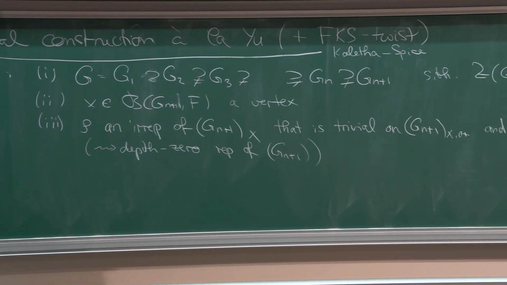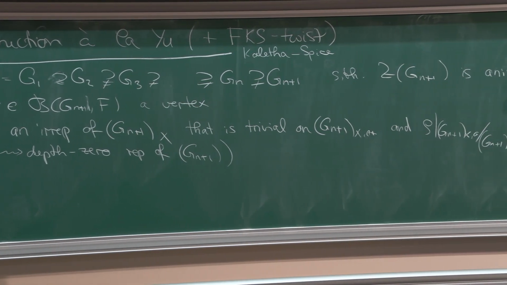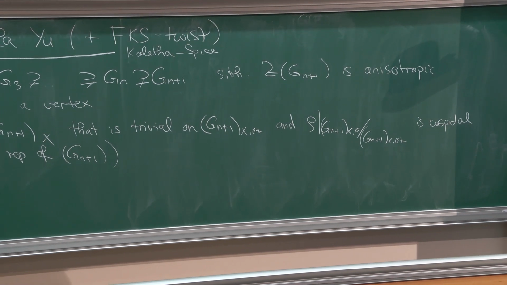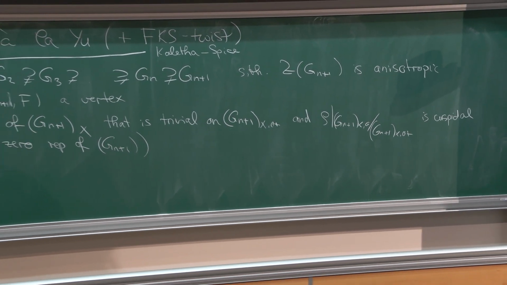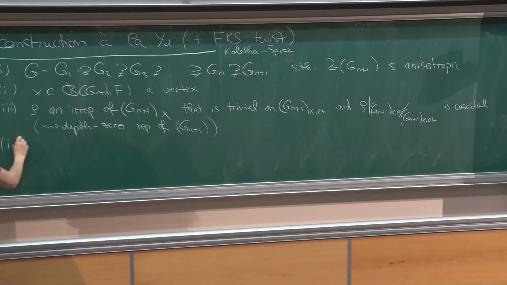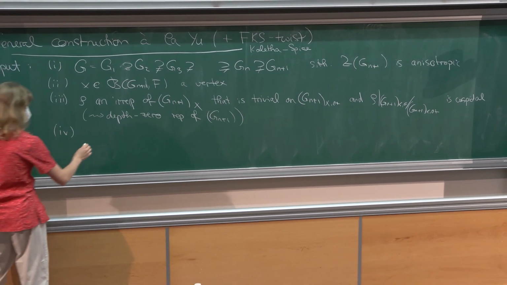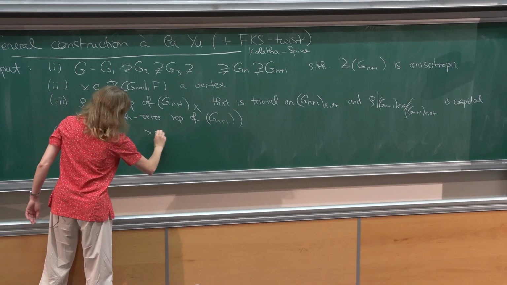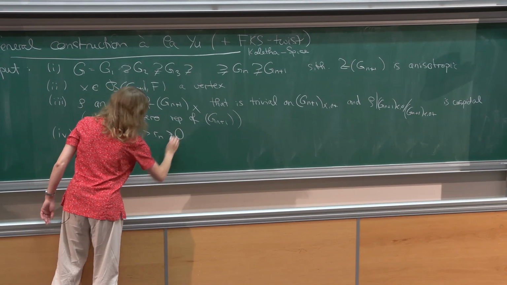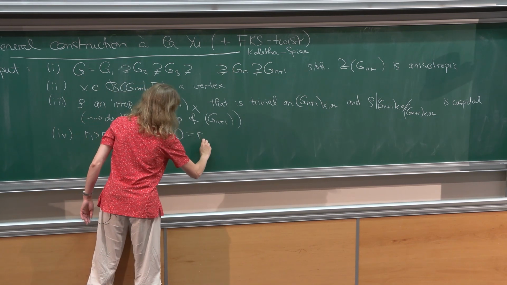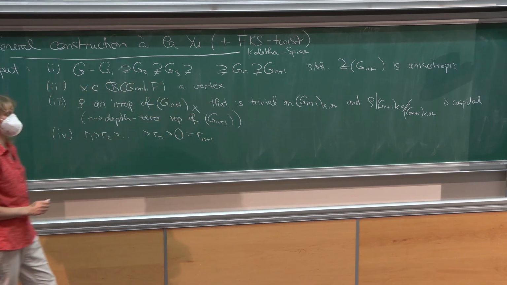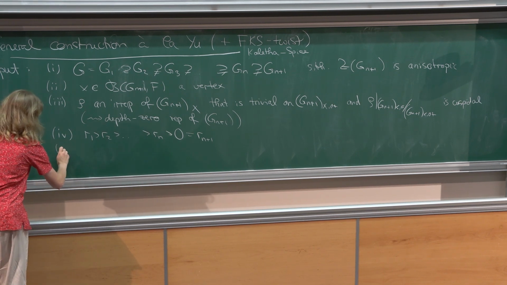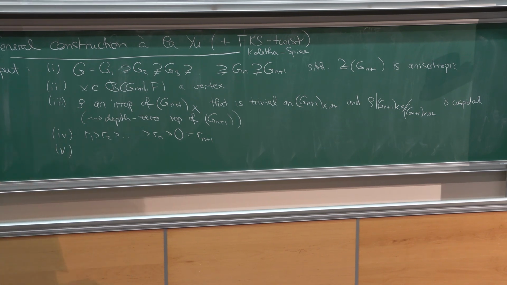So I said general representations are made out of two things, a depth 0 piece and characters of higher depths. The higher depth piece will be the depths of the characters, so I call it r1 greater than r2 greater than ... greater than rn, which is greater than 0. In some sense, 0 is the depth of this last piece, the depth 0 representation. And then the fifth piece are the characters.